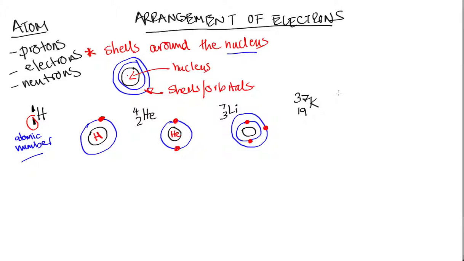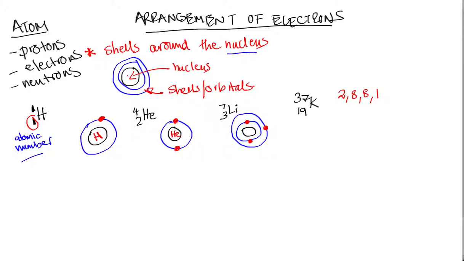So for potassium, the electronic configuration will be 2, 8, 8, 1. If you add 2 and 8, you get 10. 10 add 8, you get 18. Then 18 add 1, you get 19. So that makes up the 19 electrons.